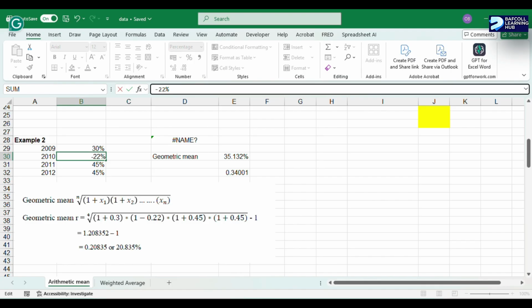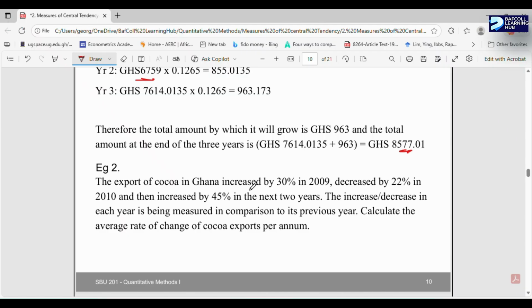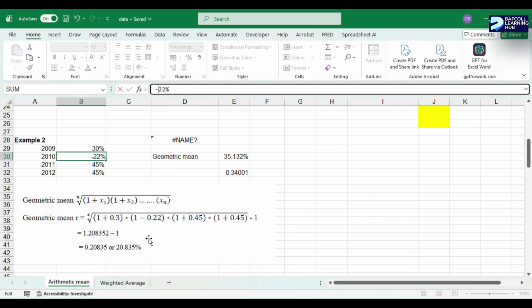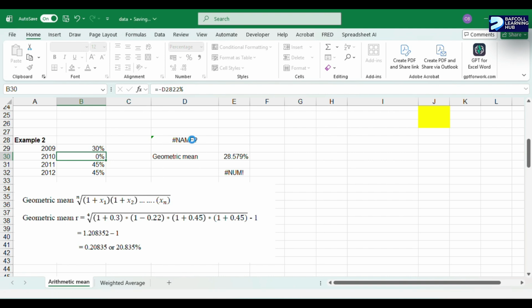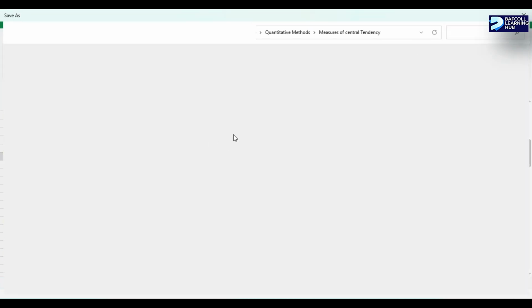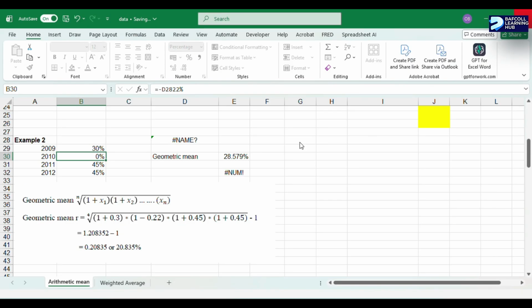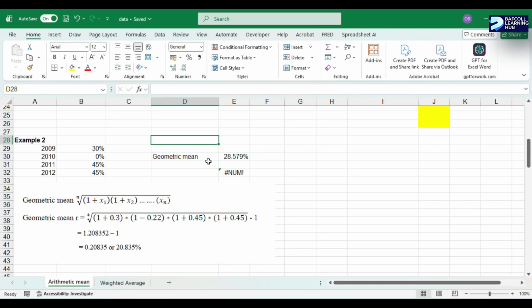As you can see over here, in 2010 the cocoa export decreased by 22%. So we are going to write an equation to compute the geometric mean over here, and we are going to go by this.